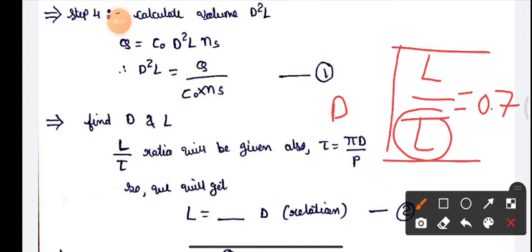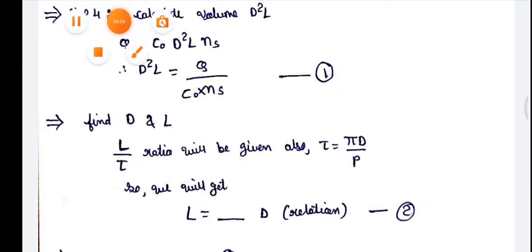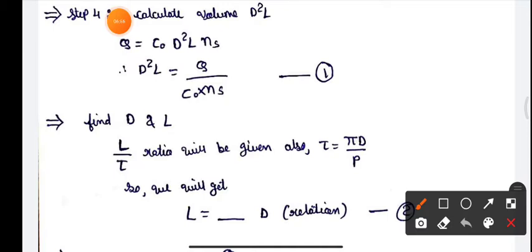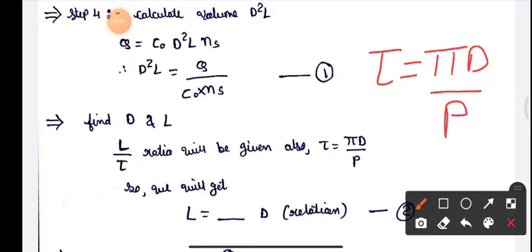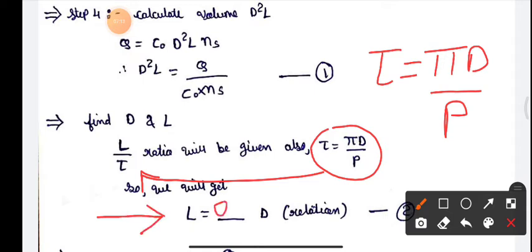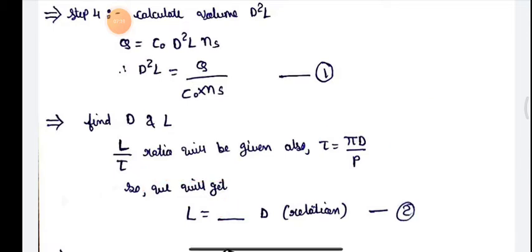So what can we do? We have a relation between tau and D, that is tau is equal to pi D by P. When we place the value of tau here, we will get a relation, suppose L is equal to 0.9 D. So we get a relation between L and D, that is what we want.